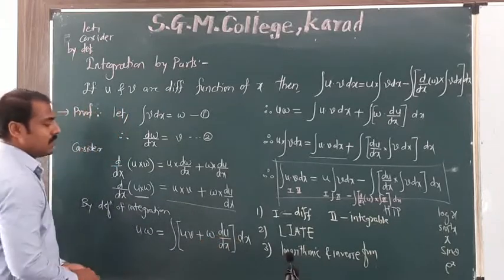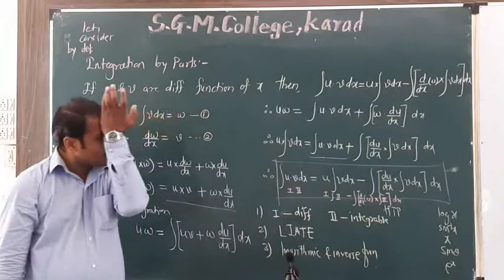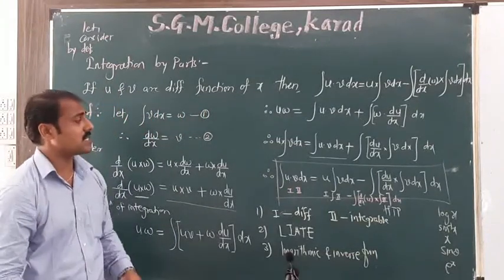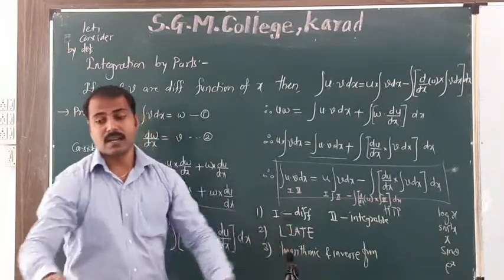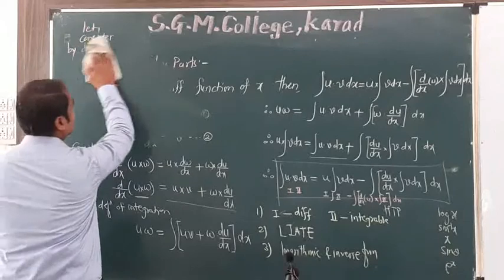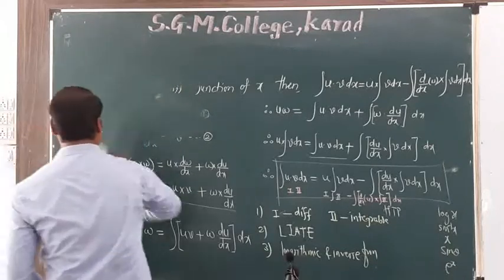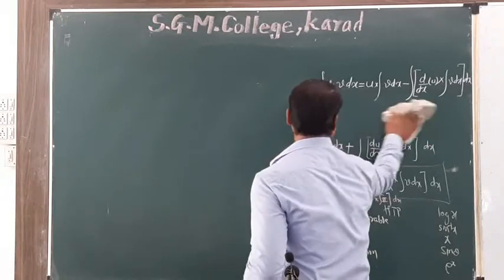So we get integration of u into v dx is equal to u into integration of v dx minus integration of du by dx into integration of v dx. Now we solve some examples on integration by parts. Here is the first example on integration by parts.